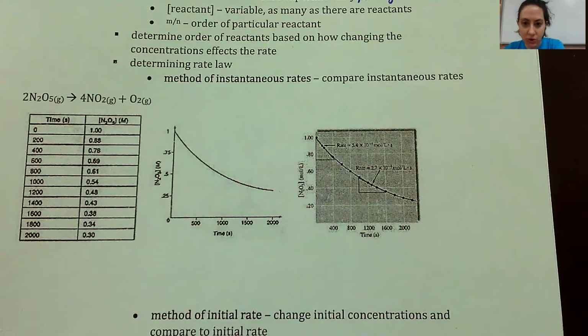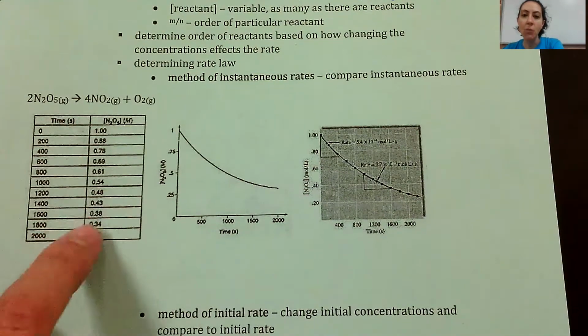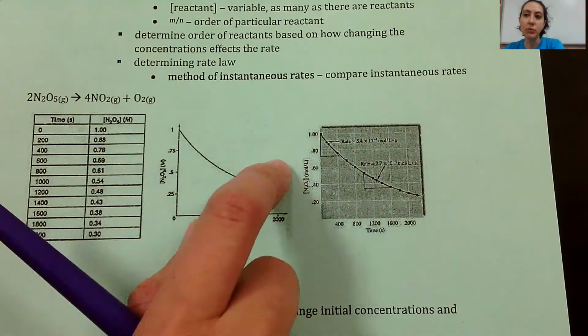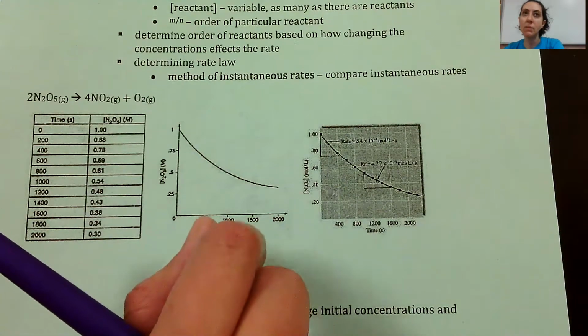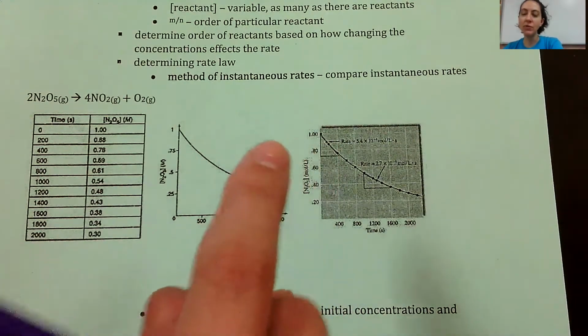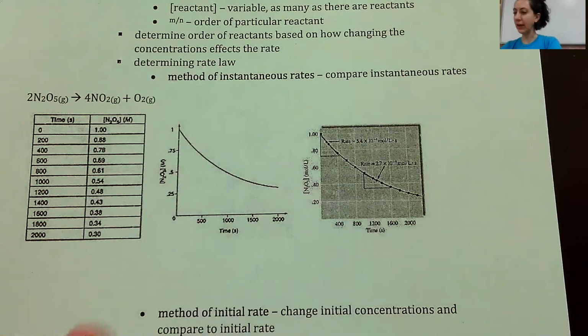What's usually a really good idea is to pick 2 points so that when you divide the concentration, you're going to get a whole number.